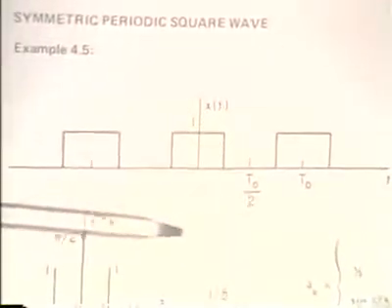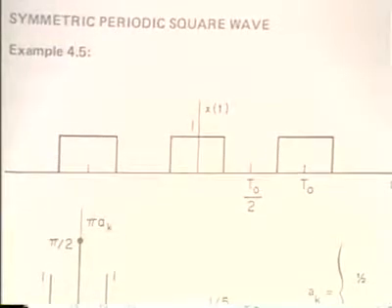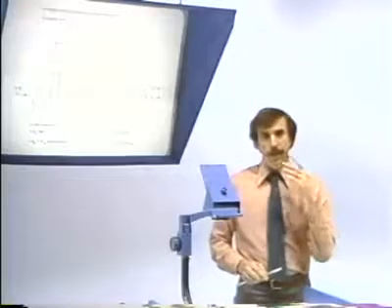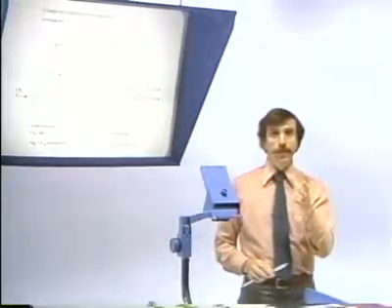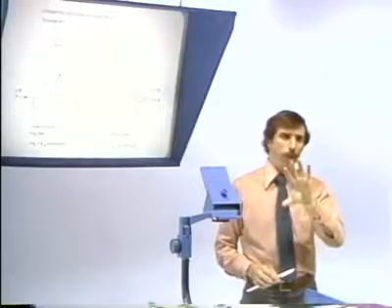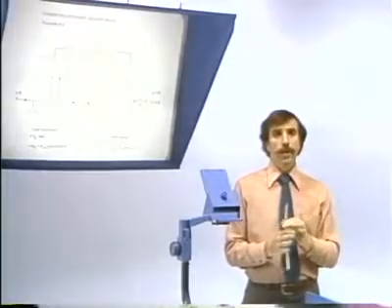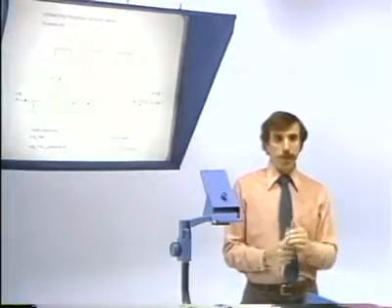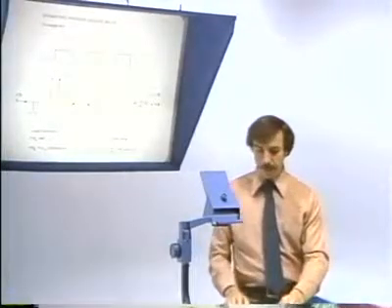Here is the symmetric periodic square wave, and what I mean by symmetric is that it's an even time function. Now, just extrapolating your intuition, what you should expect is that if it's only an even time function, it should be buildable, if it's buildable at all, out of only even sinusoids. And in fact, that's the case.